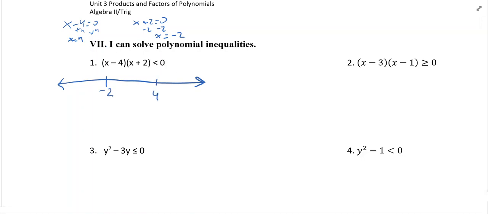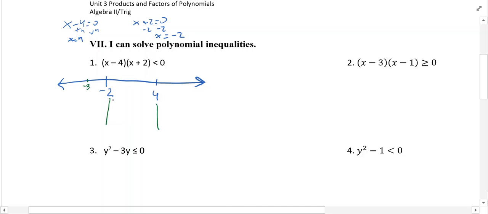Now that I've plotted those two, I need to figure out which of these intervals, to the left of negative 2, in between negative 2 and 4, or to the right of 4, is where the negative numbers lie. I like to break them into these sections and pick a number in each. To the left of negative 2, I'm going to pick negative 3.